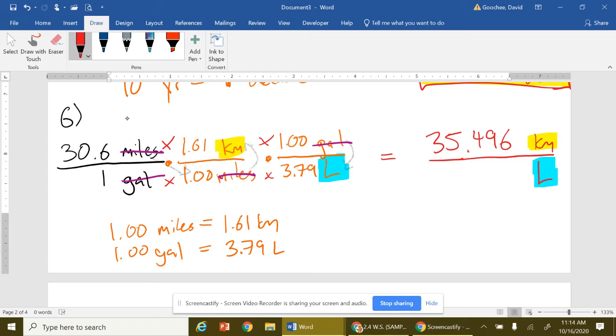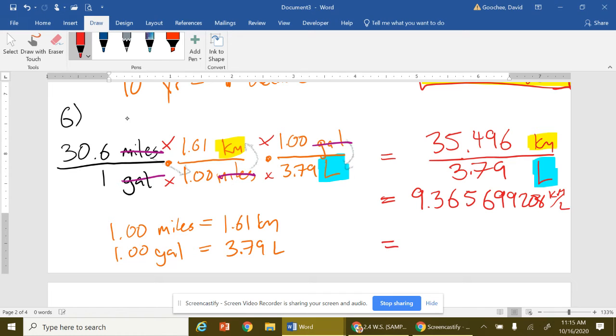Well, that's just 3.79. Okay, and we got to clean this up. 35.496 divided by 3.79. My calculator spits out 9.365699208 kilometers per liter.